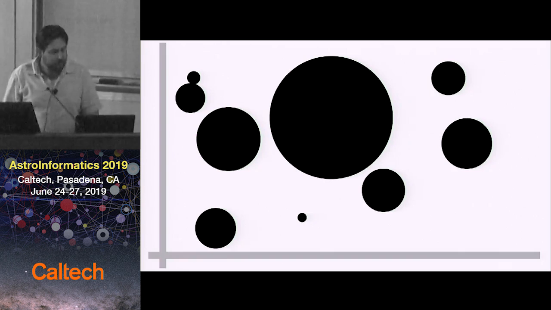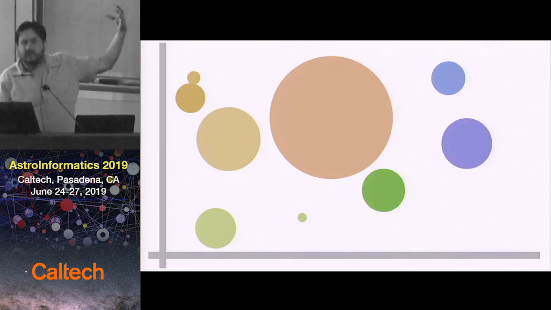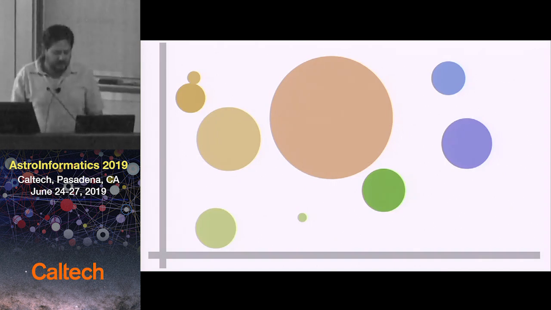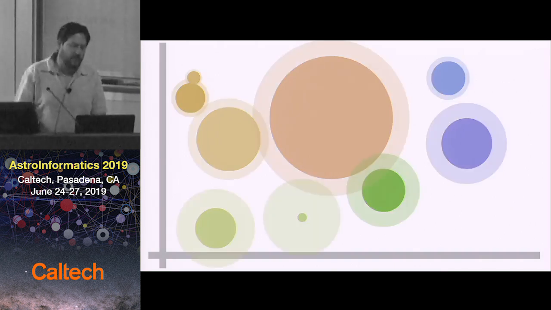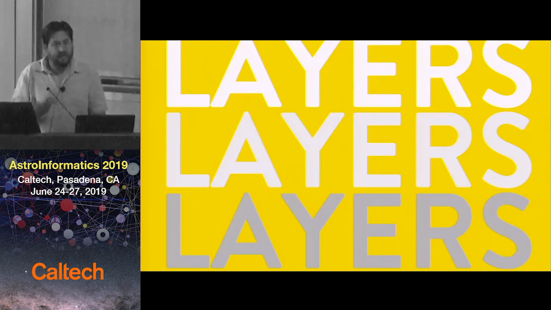From here, we can start building up color, and all of a sudden, rather than seeing the big bubble on the top, maybe you actually see a cluster of these warm colors on the right. Maybe you see a little cluster of these purples on the right side. And then we just start layering information, and then we layer number of CPUs, numbers. All of this is just building up layers and layers and layers.